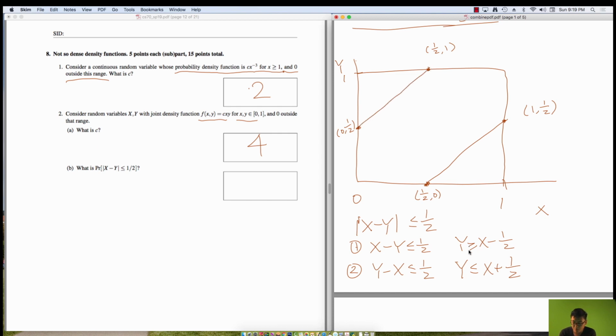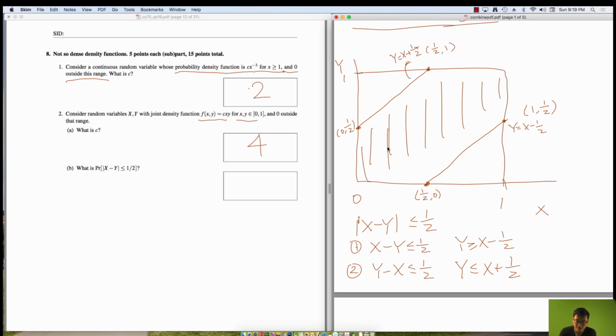And if you notice, I want everything basically above this line. So this line is y equals x minus a half. So I want everything above this line and everything below the line y equals x plus a half.